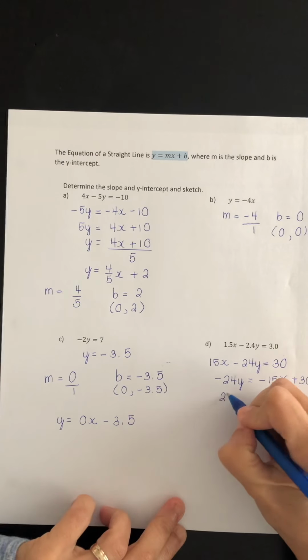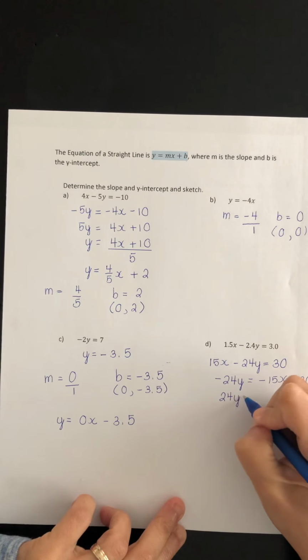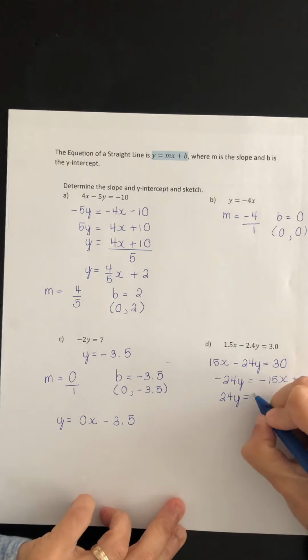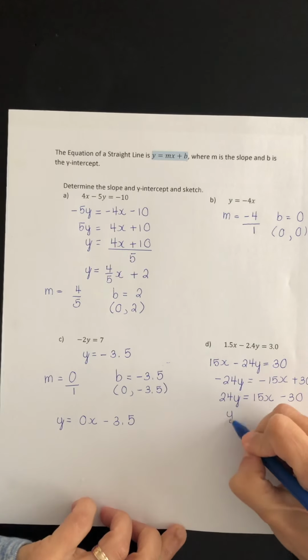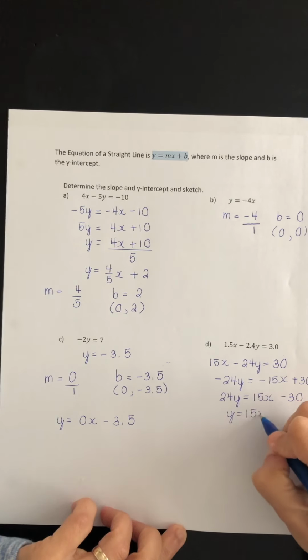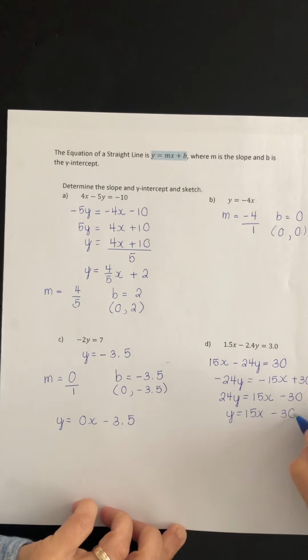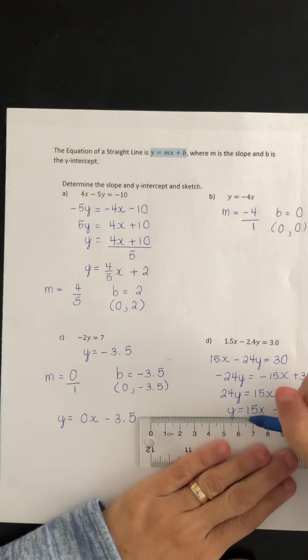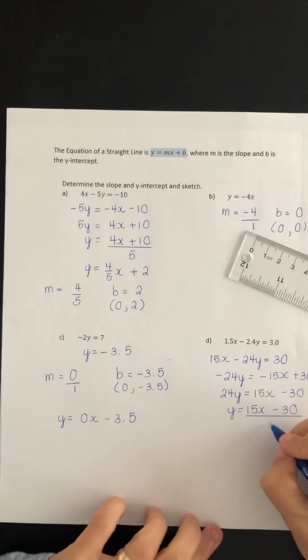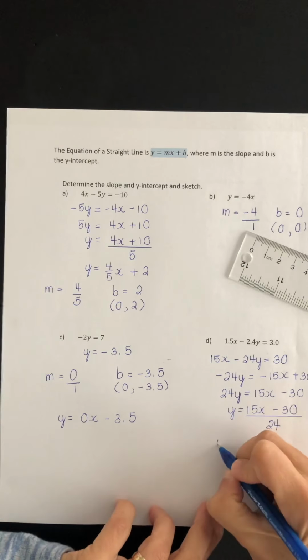Or if you like, you can make this positive 24 first, as long as you multiply all 3 terms by negative 1 like this. And now, yes, we're going to be dividing by 24.